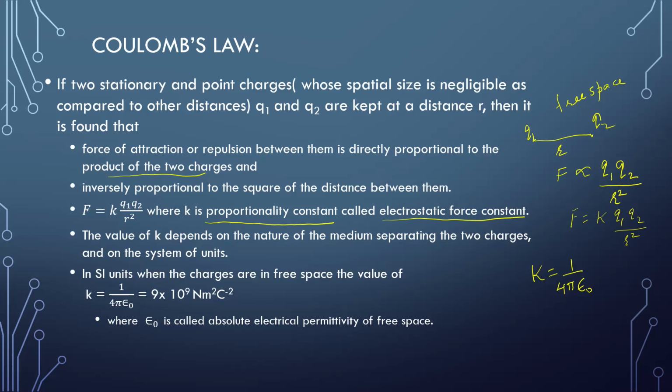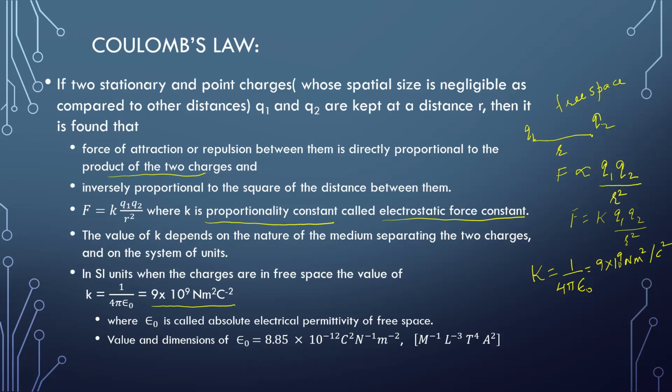The numerical value of K is 9 into 10 to the power of 9 Newton meter square upon Coulomb square, as mentioned on the slide.